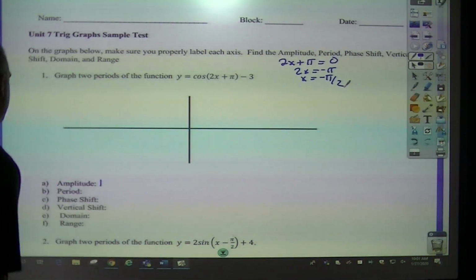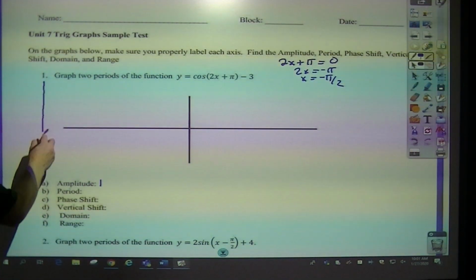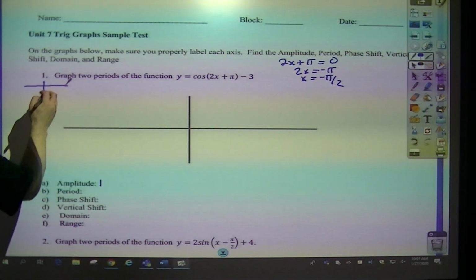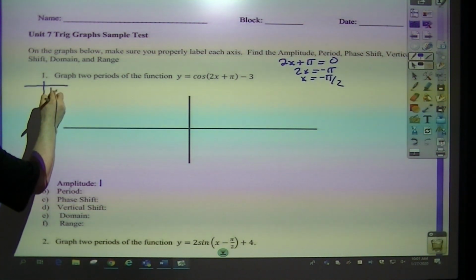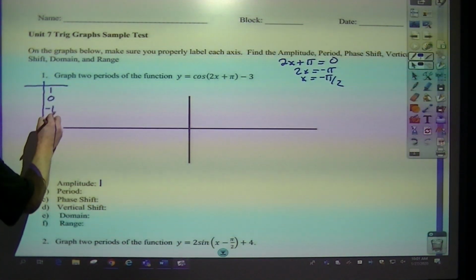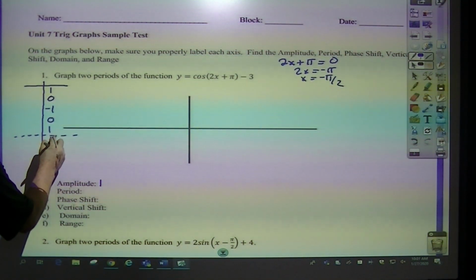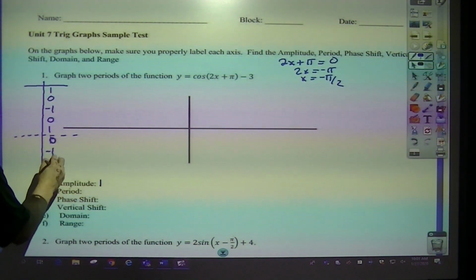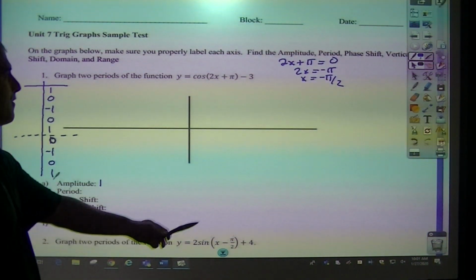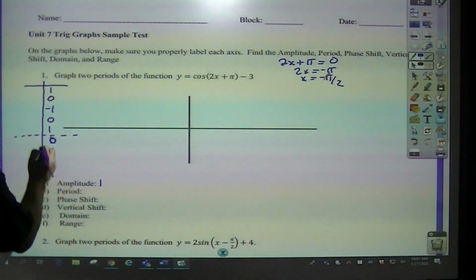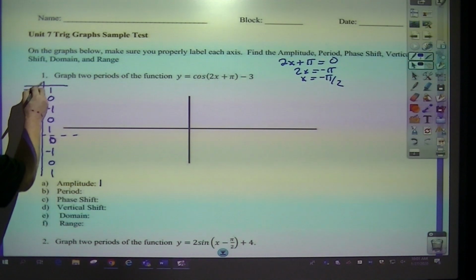Okay? All right? So I'm going to build the values over here. Okay? So I'm working with cosine, so it's 1, 0, -1, 0, 1, I'm sorry, 0, -1, 0, and 1. Okay, so my first value, my first angle measurement will be -pi over 2.